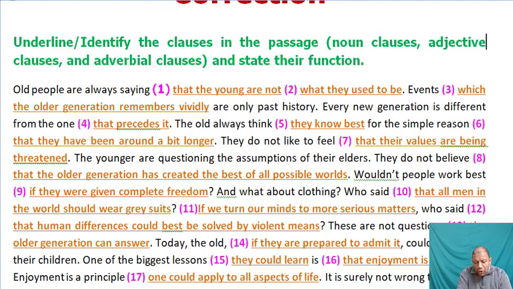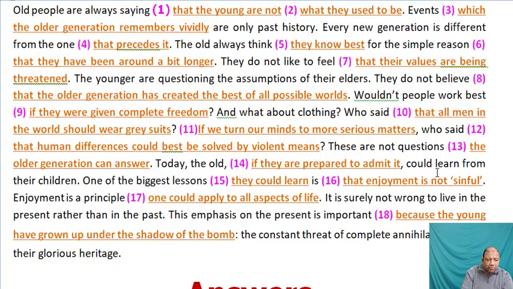If you should write only, it is a restrictive adjective clause. 14, if they are prepared to admit it, this is an adverbial clause of condition. 15, they could learn. One of the biggest lessons they could learn is, so they could learn, it is a restrictive adjective clause introduced by the missing relative pronoun, which is which.